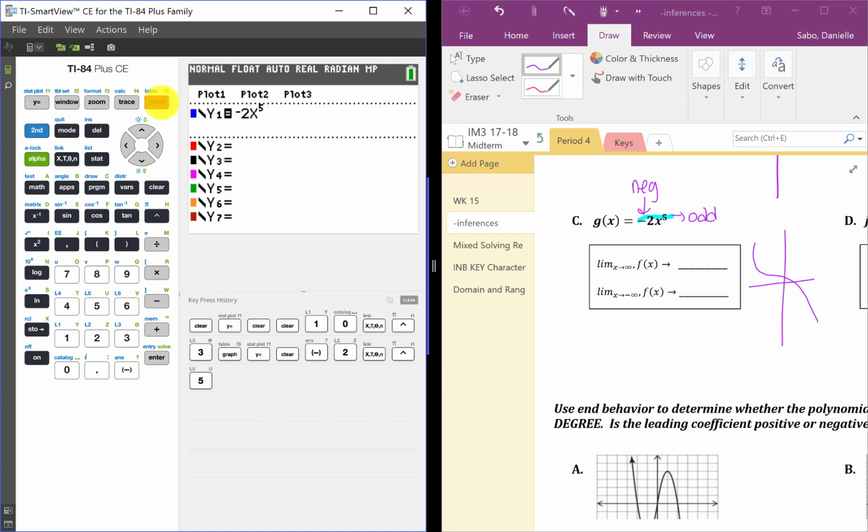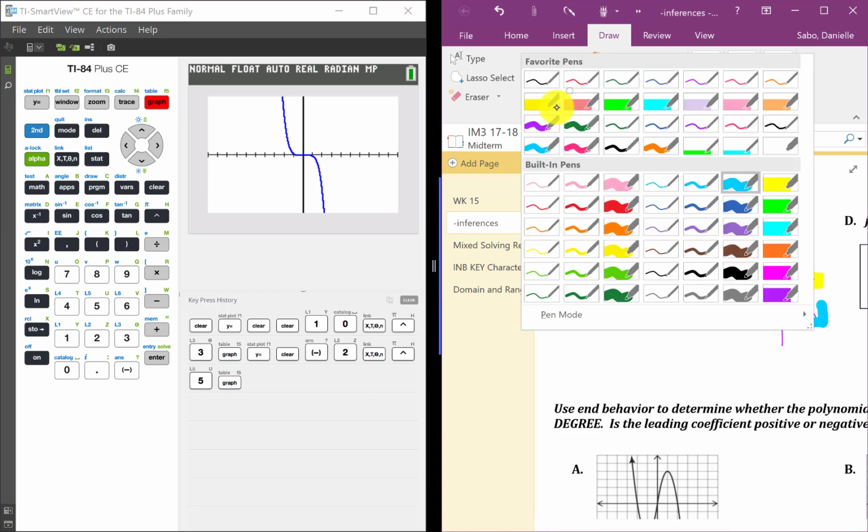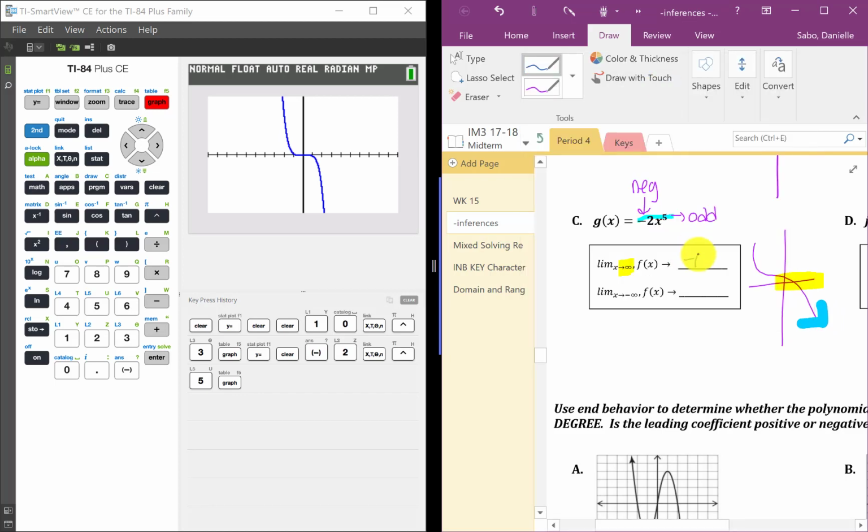Press graph. And look, it's going to look somewhat similar to mine. Okay, mine wasn't perfect, but it looked pretty close. So as x is going to negative infinity, here in yellow, the function is going down now. It's going down to negative infinity.